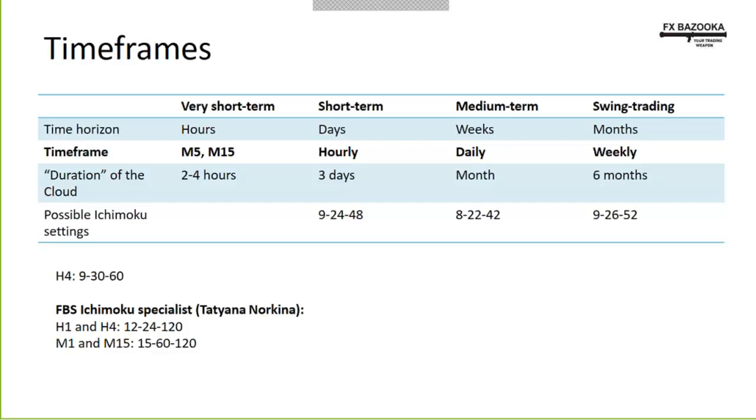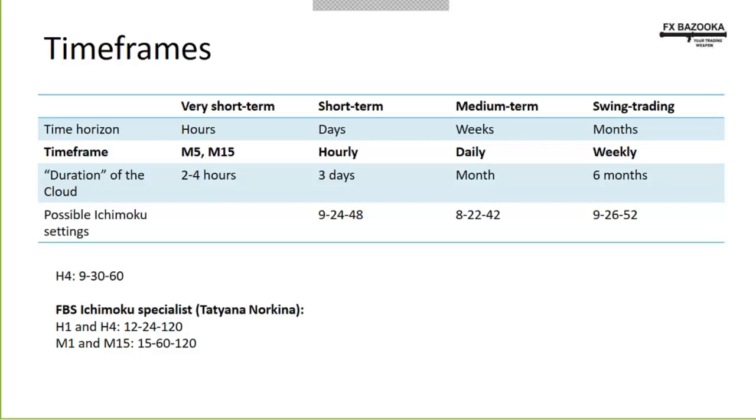If we are speaking about which time frame is the best for using Ichimoku indicator, well, I would name here several time frames. I would name 4-hour charts, I would name daily, and I would name weekly as well.